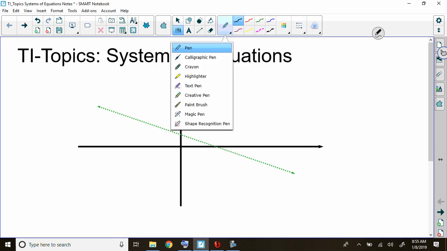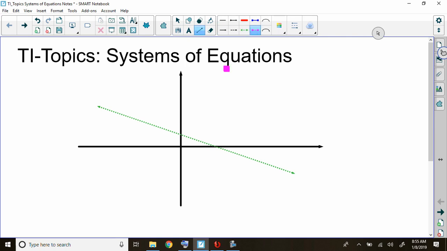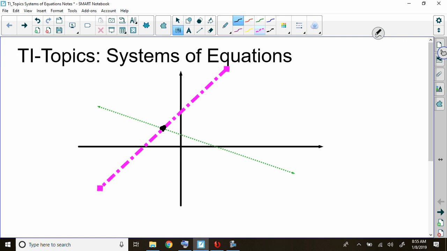So we graph one line, and then we go ahead and graph another line, and maybe the lines meet. And if the lines meet, there's a solution to the system. Remember that? And the solution, then, is the ordered pair that denotes the spot in whatever coordinate plane that the lines meet. And something special then happens if the lines don't meet.